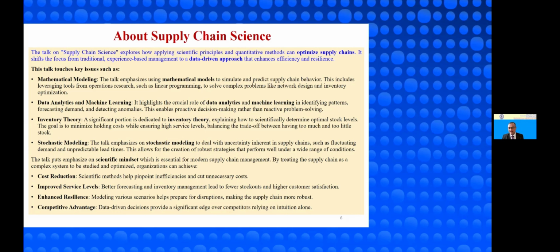So we manage supply chain science with a focus on mathematical modeling, data analytics, machine learning, inventory theory, and stochastic modeling with four very clear objectives: cost reduction, improved service levels, enhanced resilience, and competitive advantage.